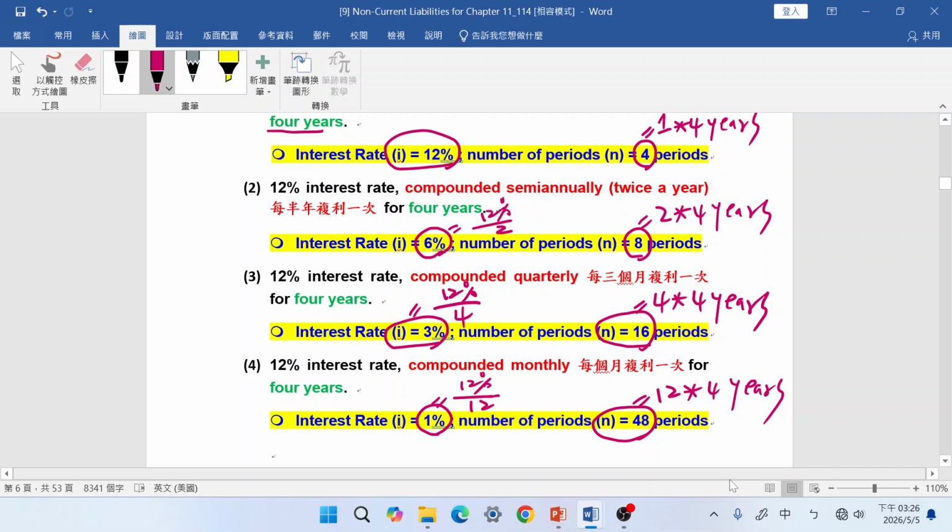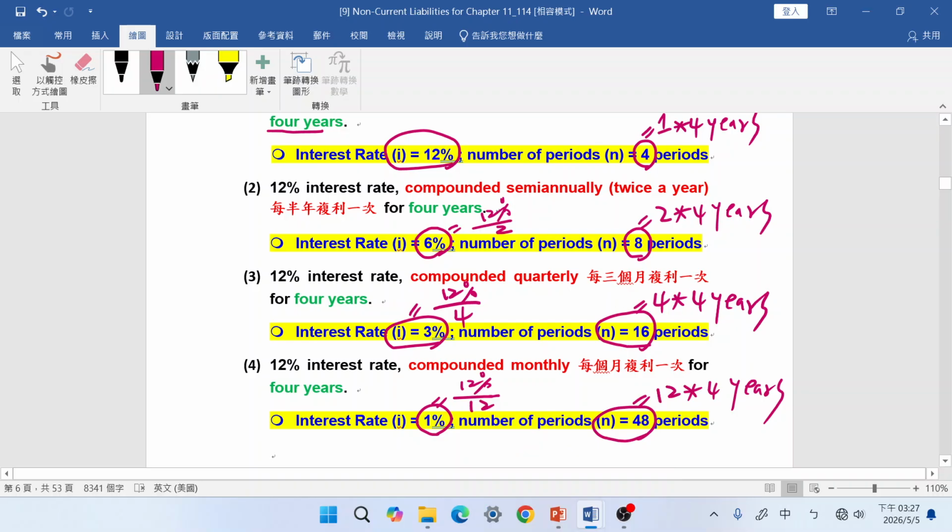So you have to understand what's your N, what's your I. Any questions? No problem? Okay.